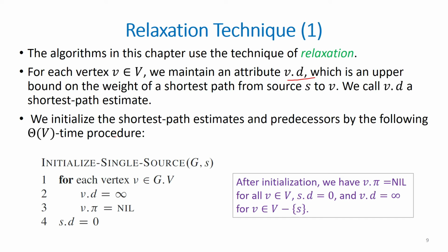So basically, during the initialization of the attributes of the vertices in the graph, we set the estimate d to be infinity for all vertices except for S, and we set their predecessors to be nil. In the case of the source vertex S, we set S.d equal to 0.